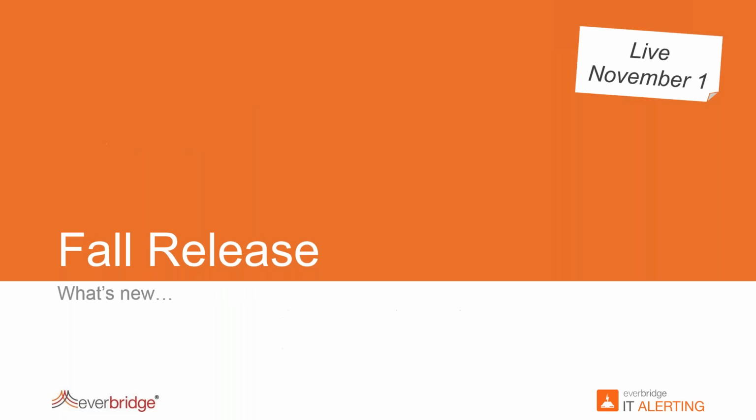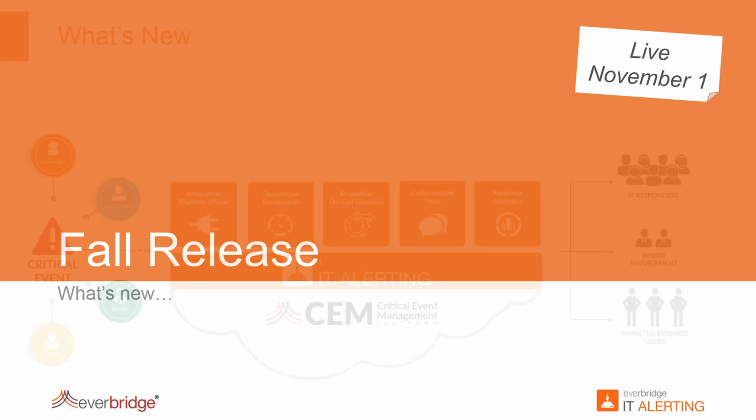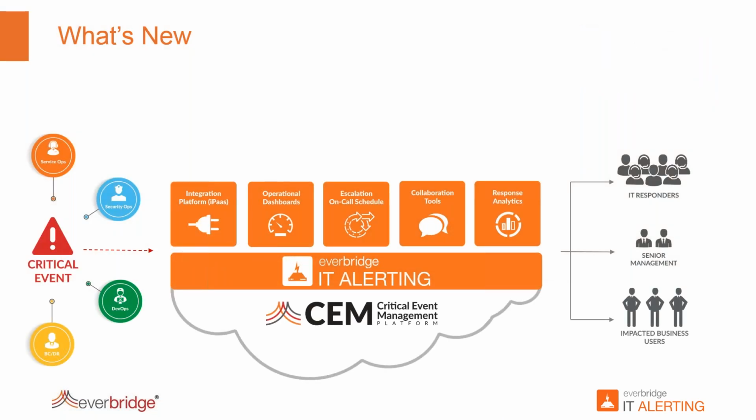So, what's new in this release? If we look at the IT alerting solution and its core functionalities, which include integration, dashboards, communication, on-call schedule, escalation, collaboration, and reporting, here's what is new with the full release.